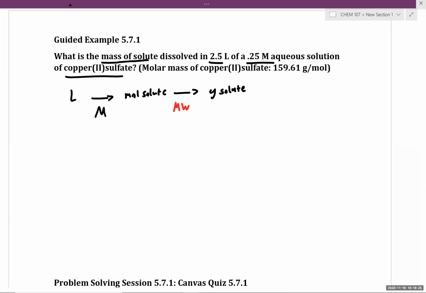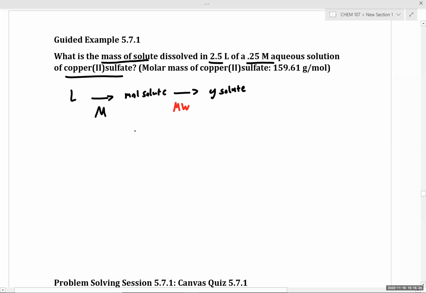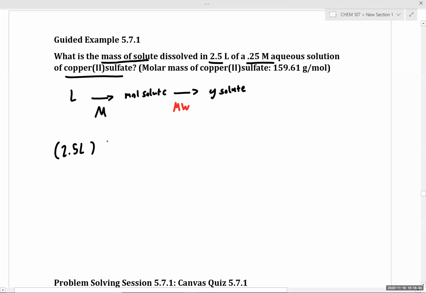Okay, so now that we have our solution map established, keeping in mind that molarity is just another conversion factor, if we have 2.5 liters of solution, looking at molarity, we know that we have 0.25 moles of copper 2 sulfate in 1 liter.